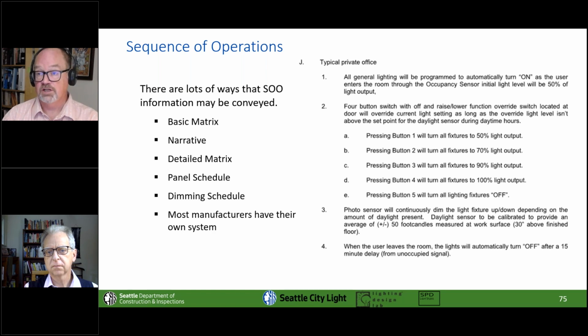This is from a project in San Francisco, the San Francisco Public Utilities Headquarters office. Every typical private office in that particular project was set up this way. And this narrative tells you everything that you need to know about every typical private office in order to set it up. Next slide, please.